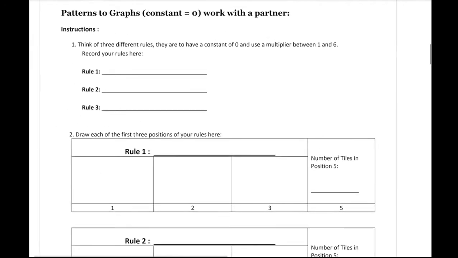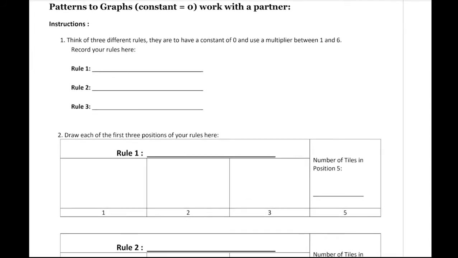So in the next part, you're going to do some work either on your own, or with someone that you can work with, and I'll explain what you're doing. First, you're going to think of 3 rules that have a constant of 0 and use a multiplier between 1 and 6.